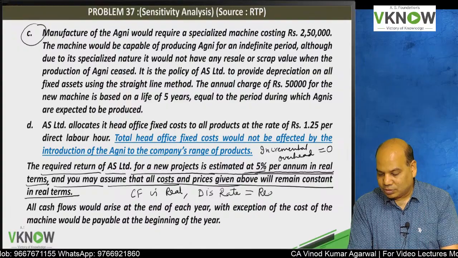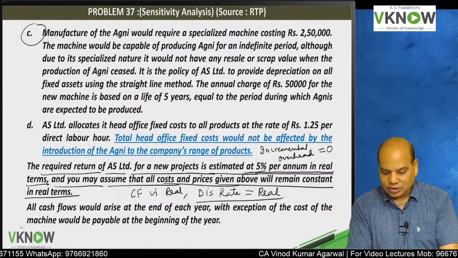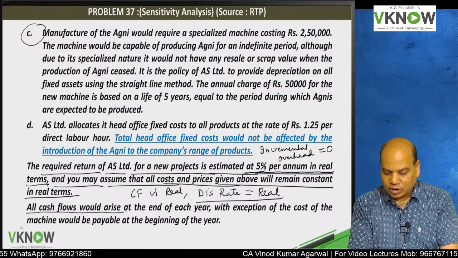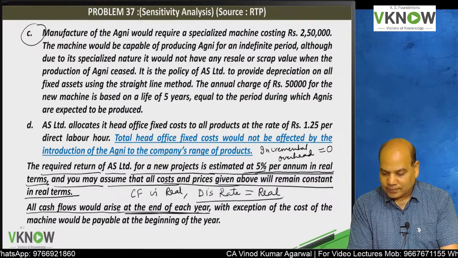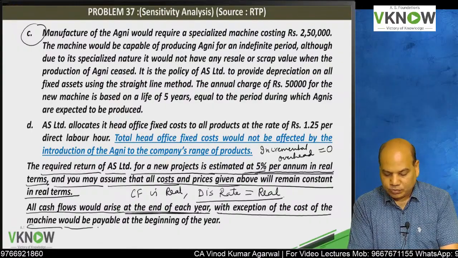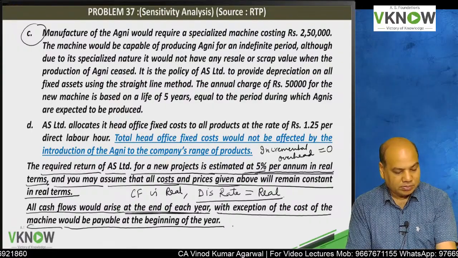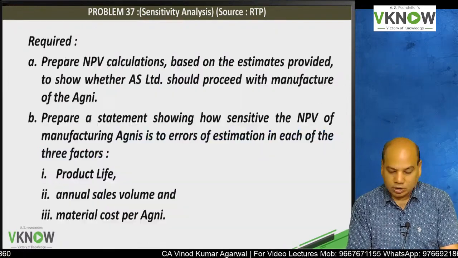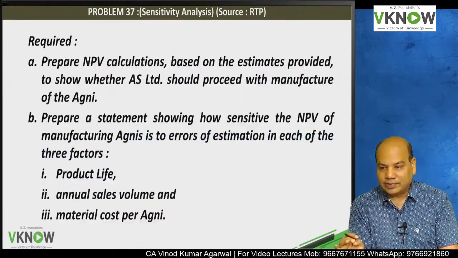Real cash flow will be discounted using a real discount rate. All cash flow would arise at the end of each year, with the exception of the cost of the machine, which would be payable at the beginning of the year. Till now they have not given a tax rate.